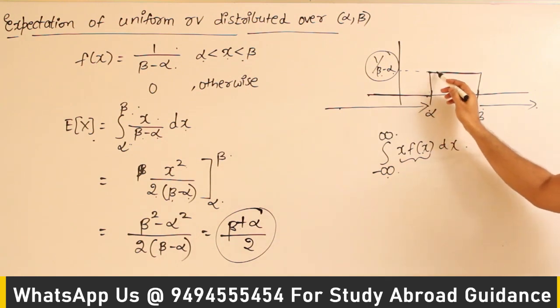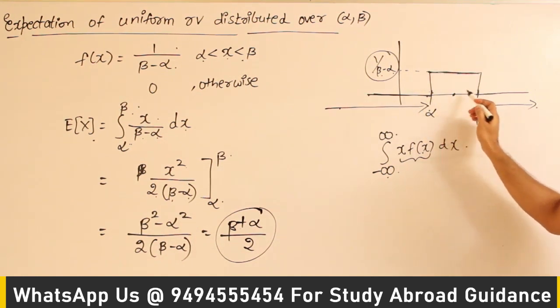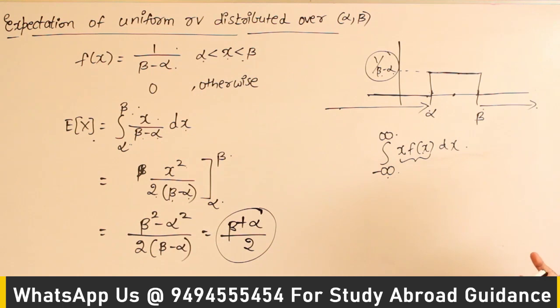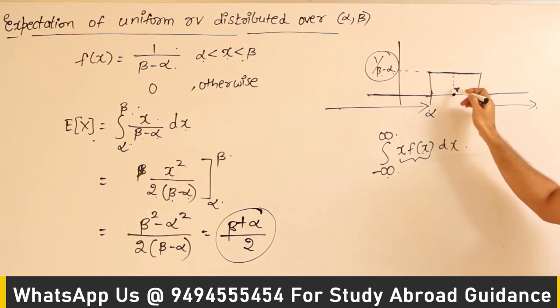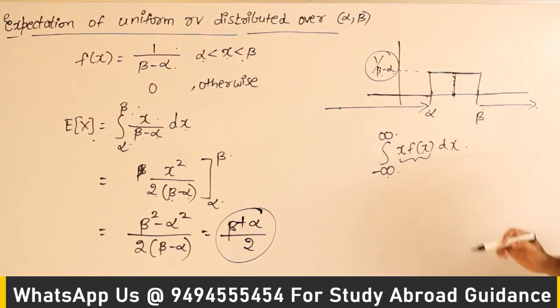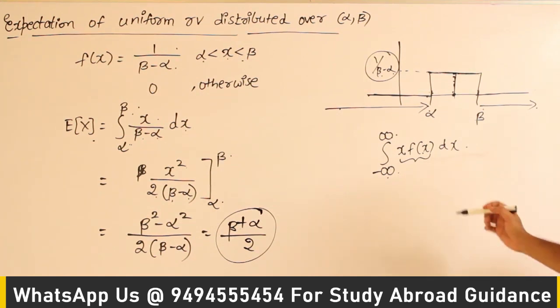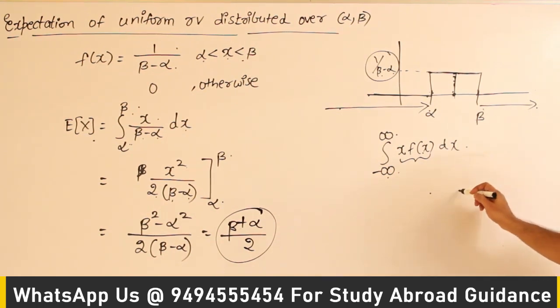Even though the probability that we get any point between alpha and beta is the same, the expectation is saying that the most expected value will be close to the middle, the center point. That is what we are getting from this formula. If it is distributed between 1 and 2, then what will be the expectation? If it is uniformly distributed, 1.5.